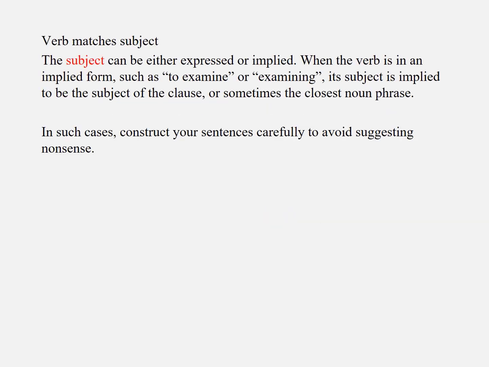What is matching? In this slide, as you can see, we are talking about the verb matching the subject. What does this mean? The subject can be either expressed or implied, meaning sometimes you may say, we have worked, or we worked. We means the subject. It's clear.